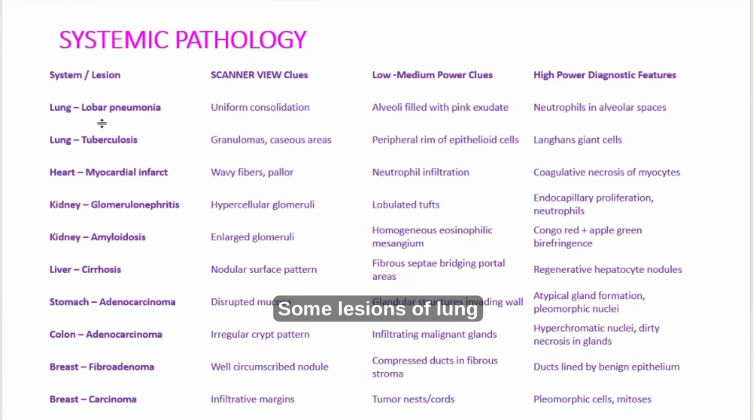Some lesions of the lung like lobar pneumonia and tuberculosis show different features in these different objectives. We can appreciate them when we see microscopy with the same approach, and then we can easily diagnose the lesion.